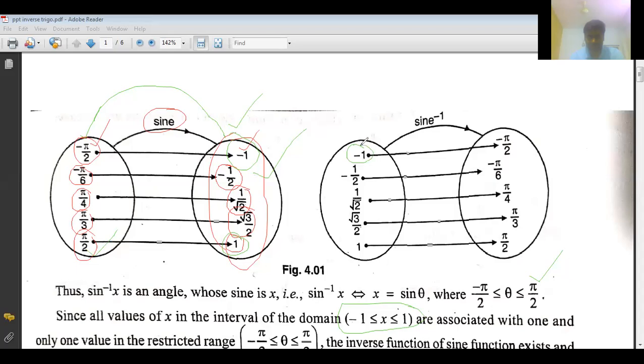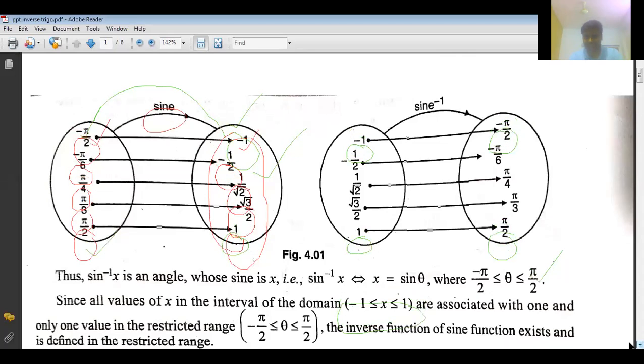Minus 1 to plus 1 will be the domain for sine inverse, and minus pi by 2 to plus pi by 2 will be the range for the sine inverse function. From this we can understand the domain and ranges of this function, why we are taking these intervals as domain and ranges in that function.